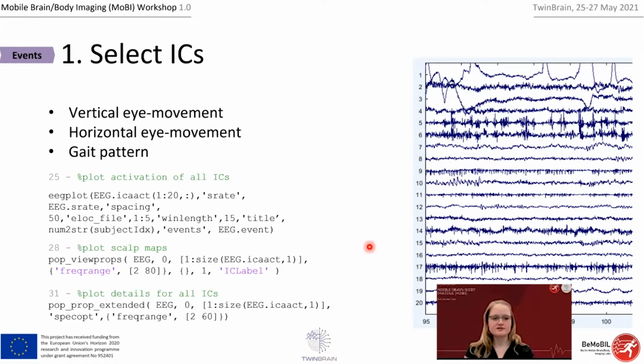So I just defined that the most contributing eye component is the blink, and the second eye component that contributes a lot to the data is the horizontal eye movement. Those lines are also in the file that I shared, so you can have a look at this.